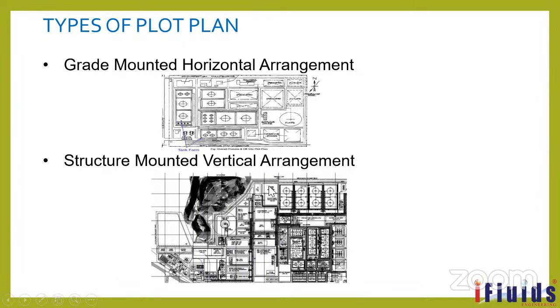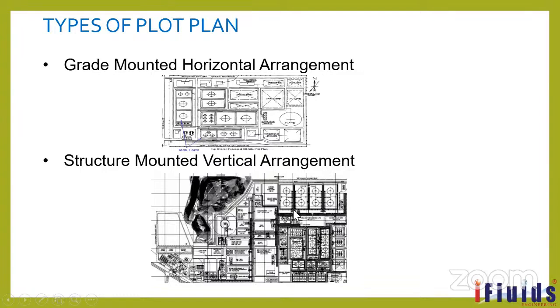Most petrochemical and chemical industries go for this kind of structure mounted arrangement. If everything is mounted at grade level, then every time you want to transfer fluid from one tank to another, you need a pump. This arrangement lets you use gravity to transfer the fluid from here to here.